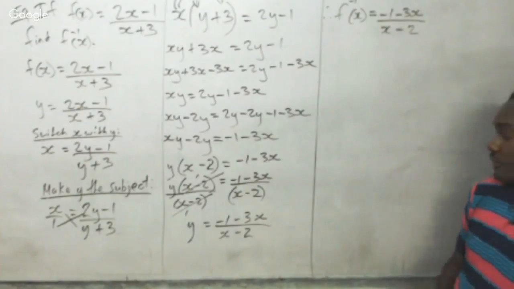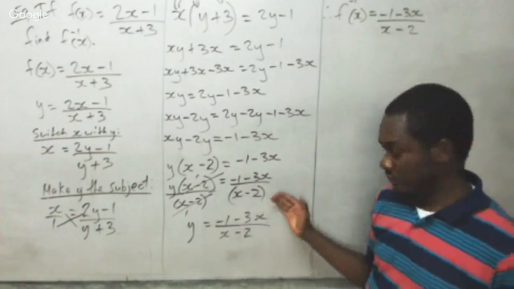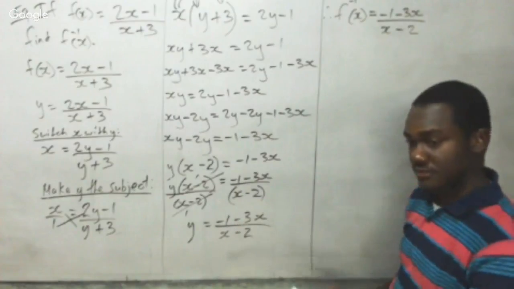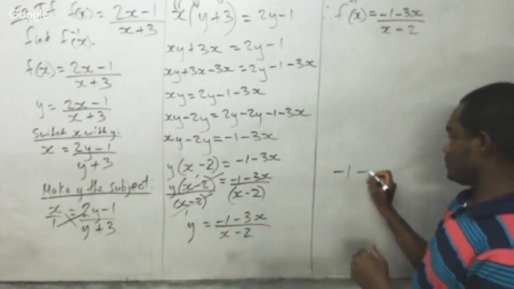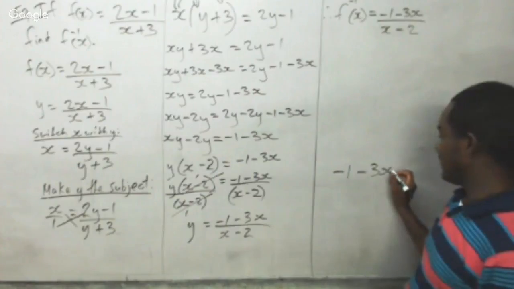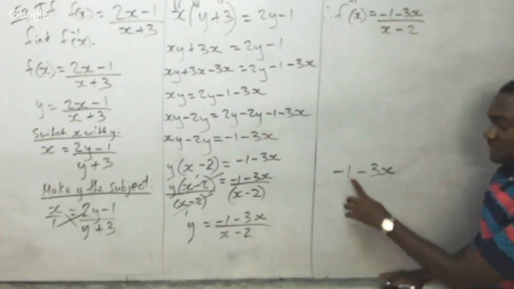3 where? Here? No, 3 is negative, with a negative sign in front to the left of it. Why is it negative? Because it's a negative 1. It's negative 1 minus 3x. No, this can't combine, because it's a different term. We can't do anything to this. Is this 1x?